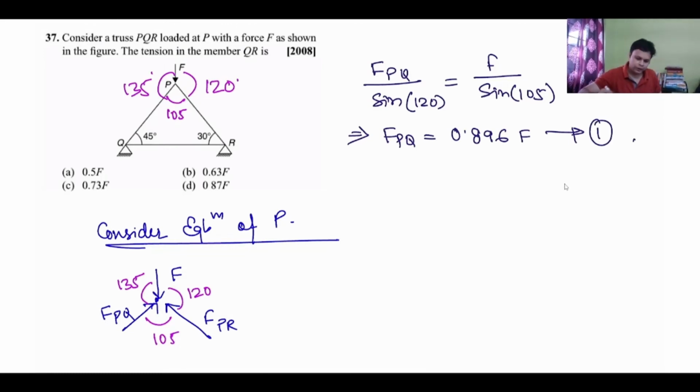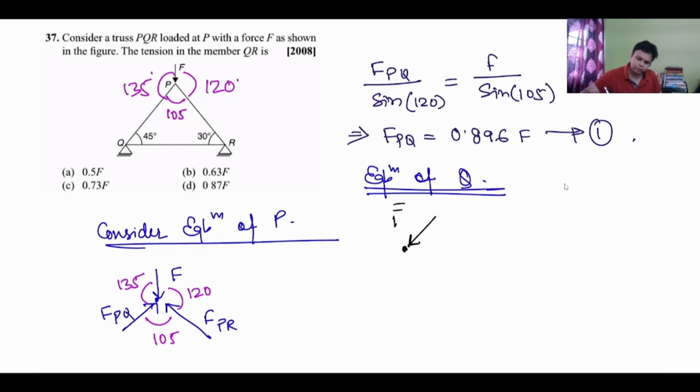Okay. Now let us consider equilibrium of joint Q. Equilibrium of point Q. So you can see, since the member PQ is under compression, it will push joint Q. So this concept should be very, very clear.